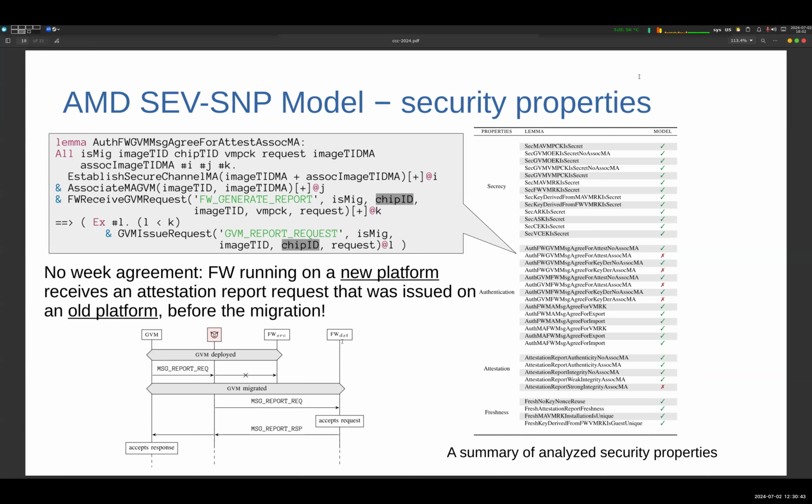And then we have a model for a guest that wants to be migrated without a migration agent, for certain CSPs that don't want to do that. That gives the guest the ability to export its context in a way, and it itself still needs to say I trust the destination machine before it ever sends the exported context out to the new machine.